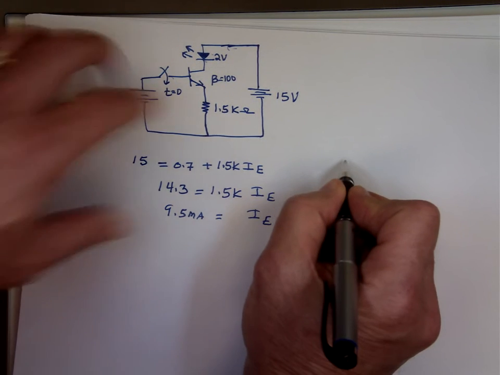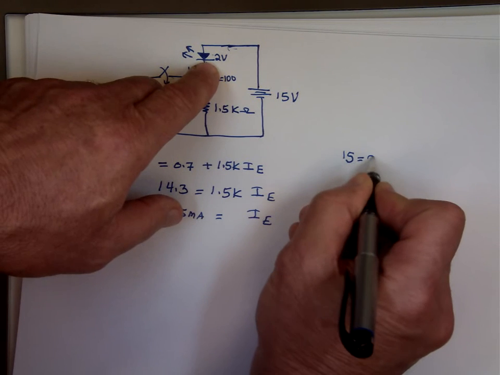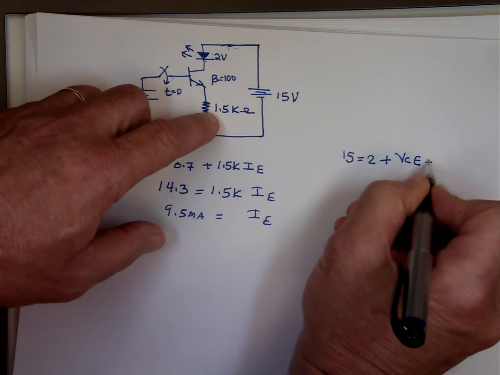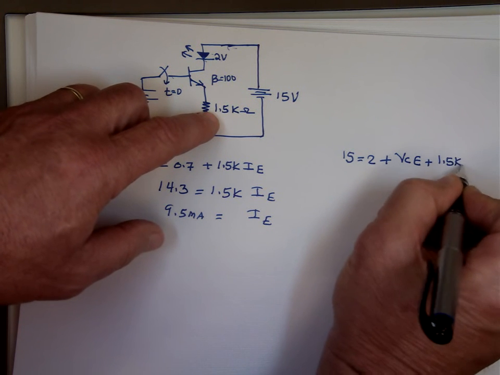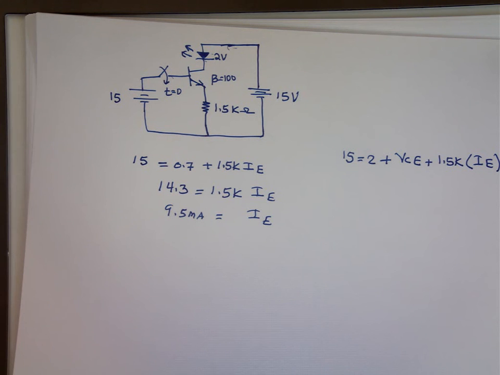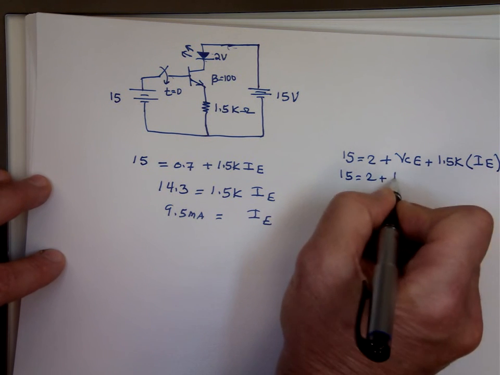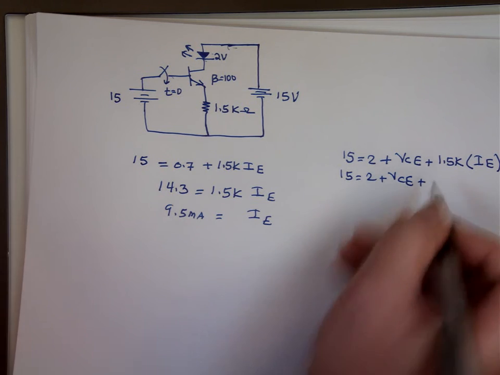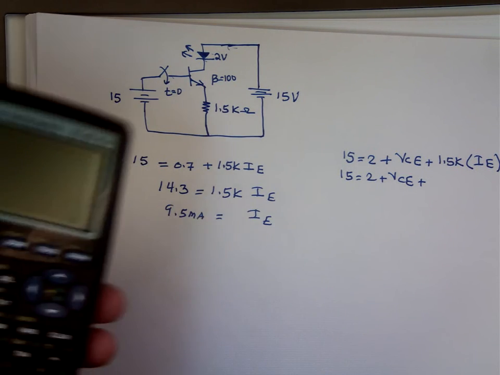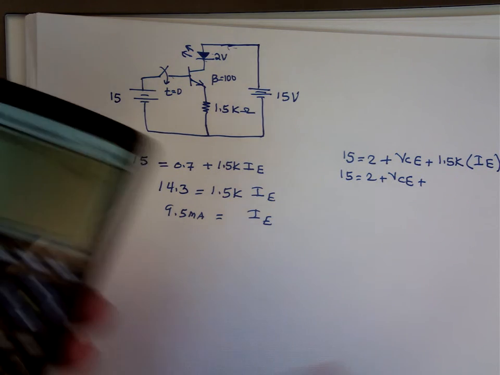KVL right here, 15 equals the 2 volts here plus VCE plus 1.5 K times I sub E. 15 equals 2 plus VCE plus 1.5 K times I sub E, the K's and milli cancel each other out, 9.5 times 1.5, and that's what? 14.25.